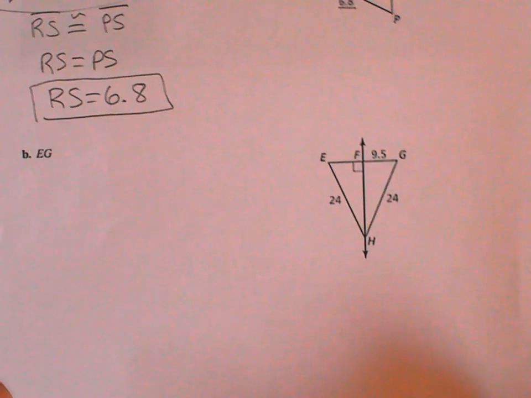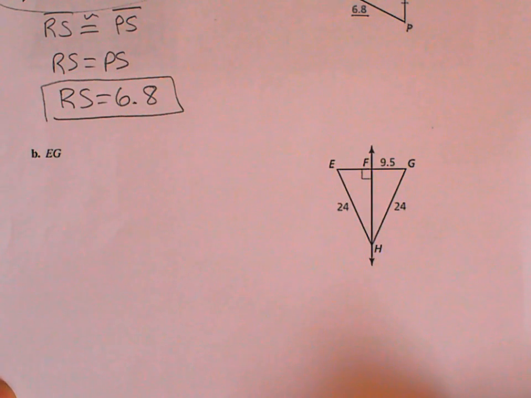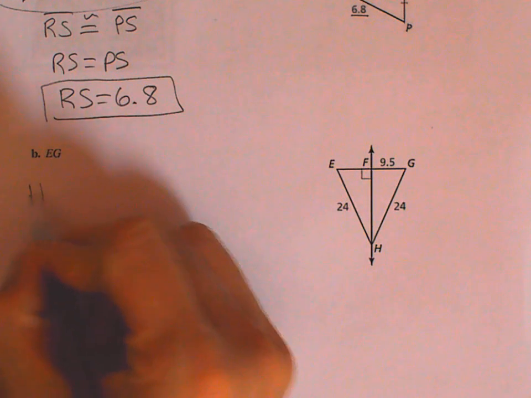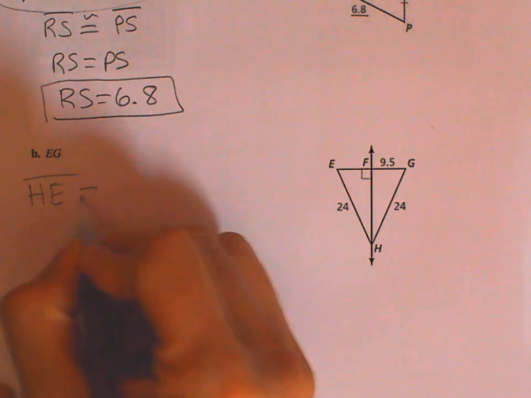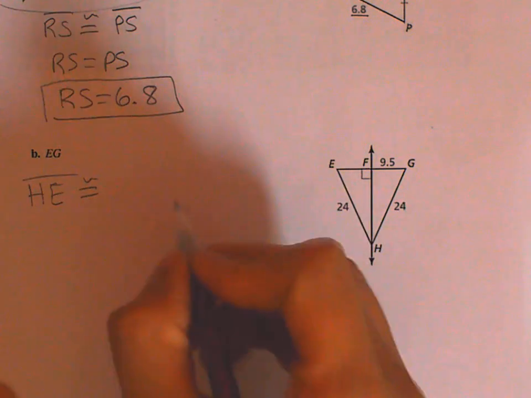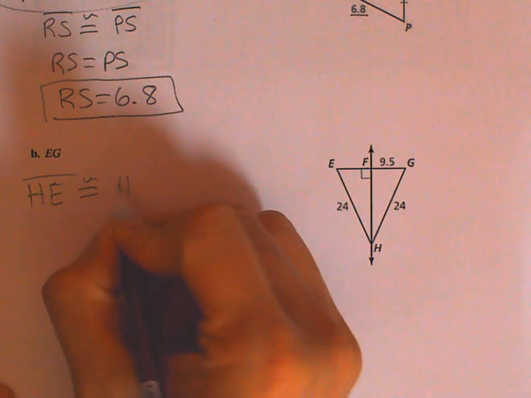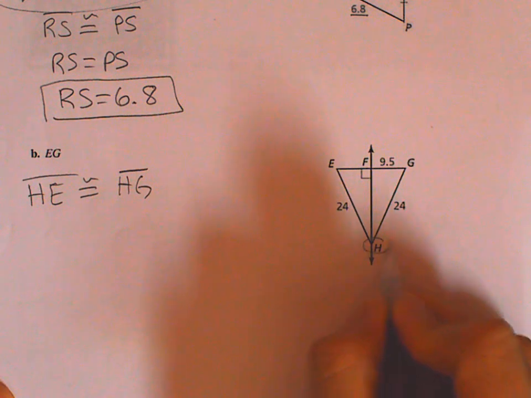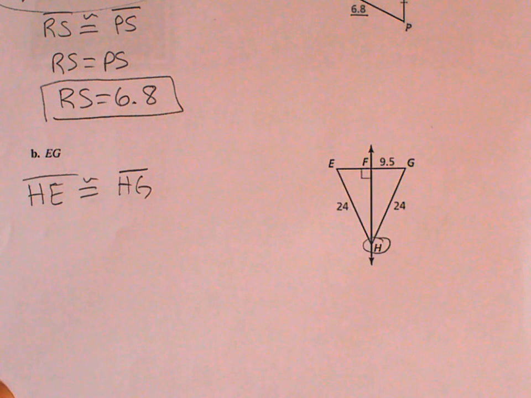Now on this one right here, they're asking me to find EG. So my question is, what do we have? We have HG and HE congruent. That means that H is on the perpendicular bisector.